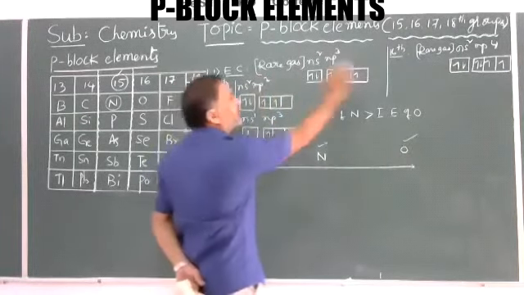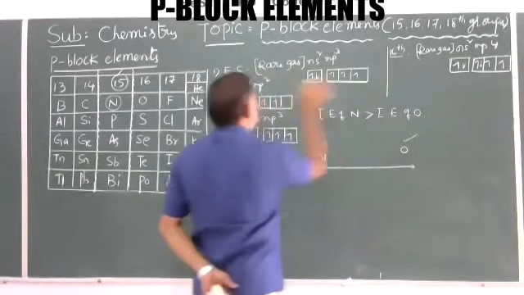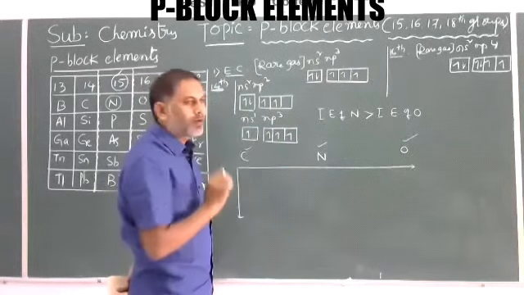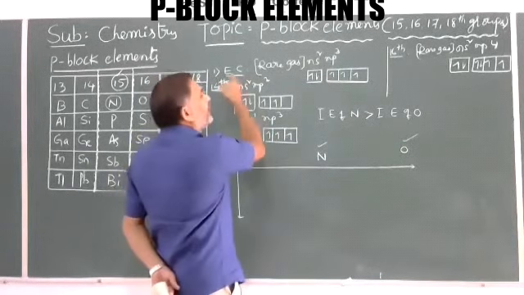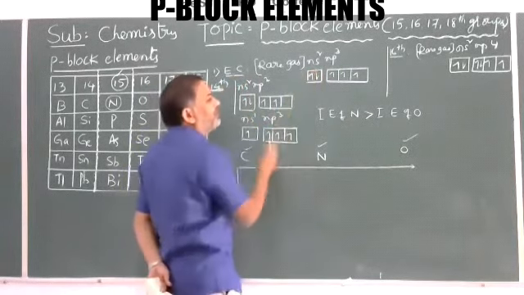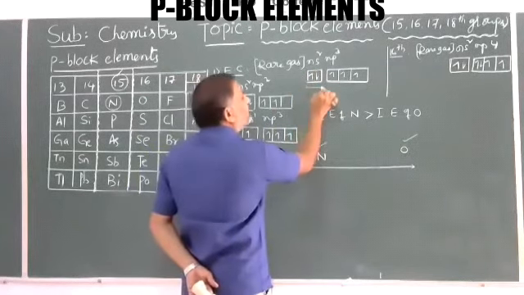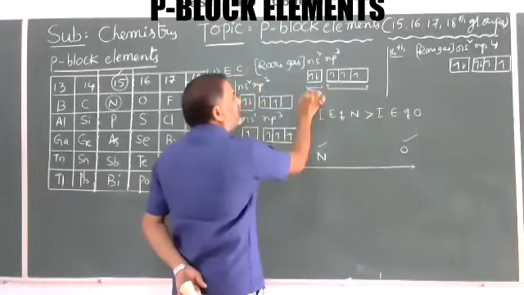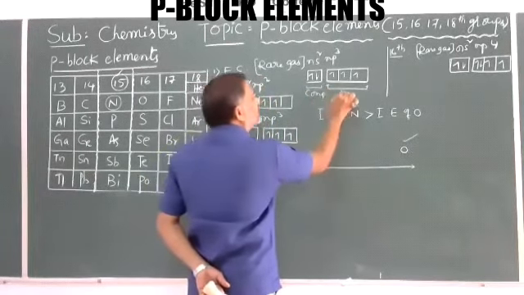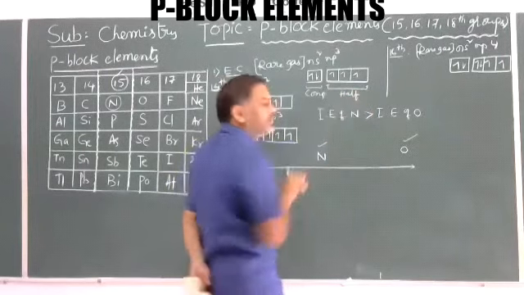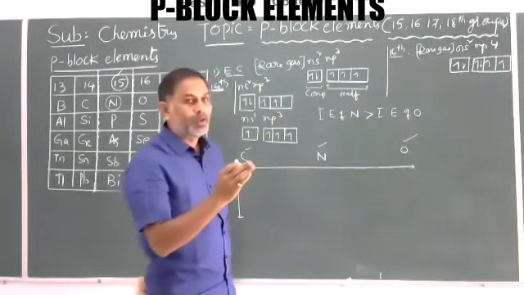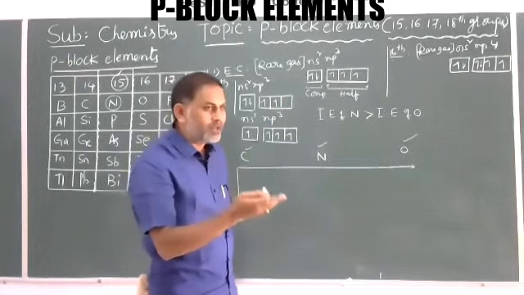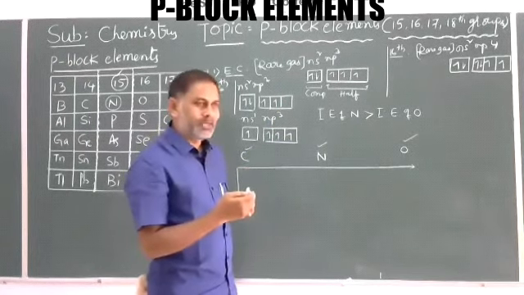For that purpose, the 15th, 16th and 14th group elements are written here. Once we observe the general electronic configuration of the 15th group elements, the nitrogen family, the p orbital is half filled. According to Hund's rule, half-filled or completely filled orbitals are more stable, and you get extra stability.